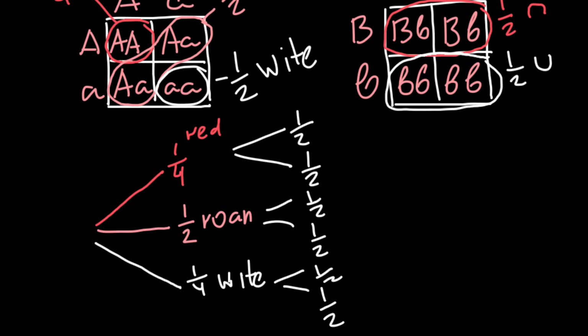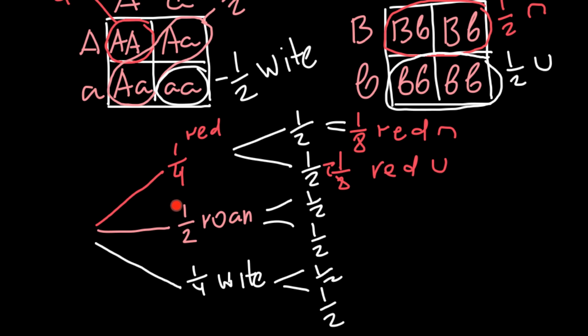So now we have all the ratios. Let's multiply these numbers. 1/4 multiplied by 1/2 gives 1/8 of the progeny that would be red and hornless. Also we expect 1/8 would be red and horned.